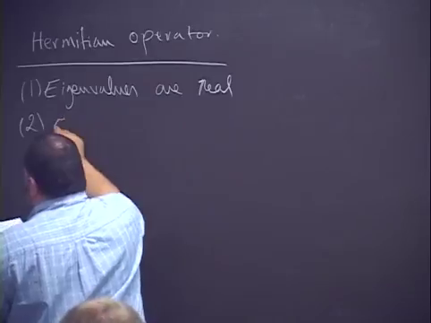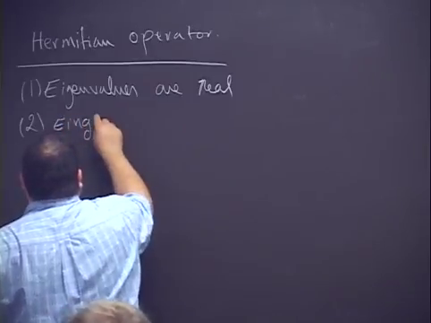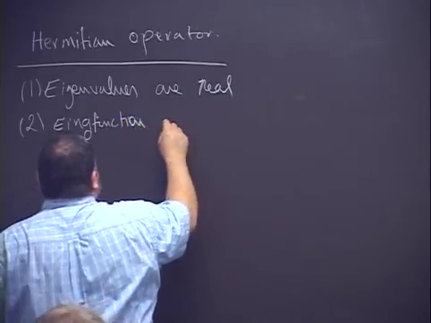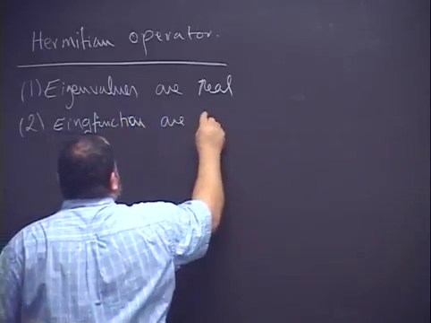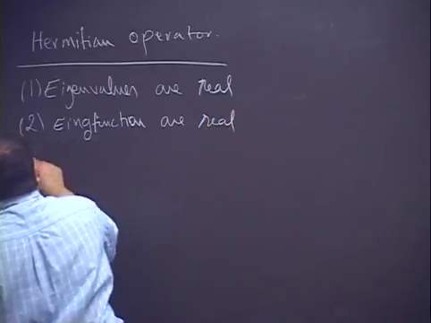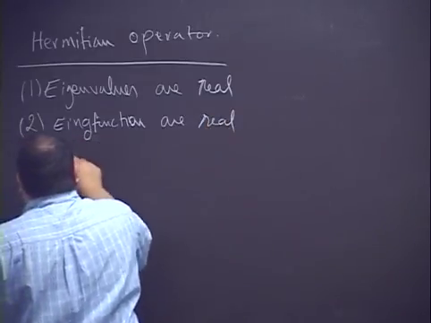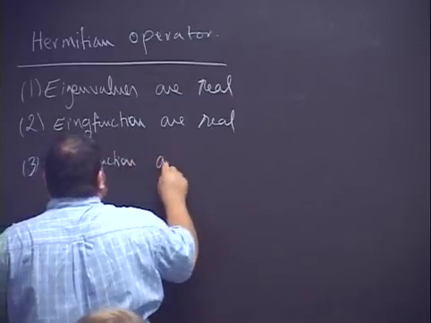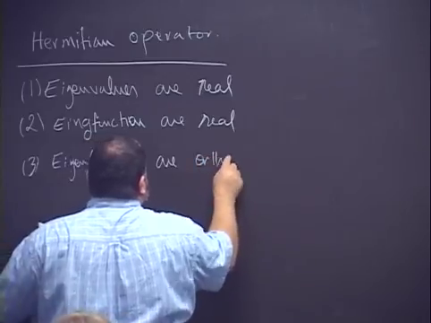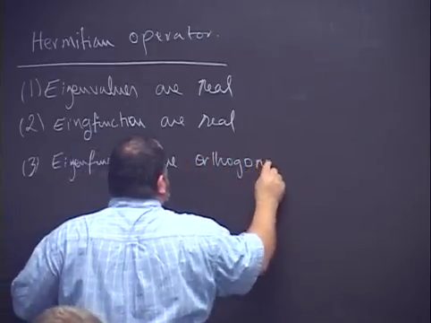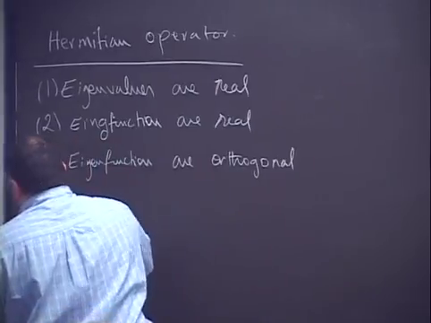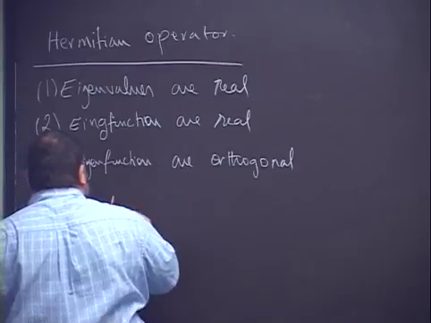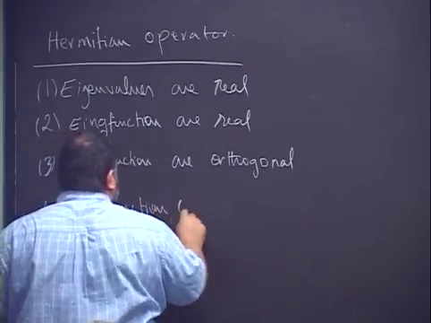The eigenfunctions also are real, like the eigenvectors for the Hermitian matrix. The eigenfunctions are orthogonal. And finally, the eigenfunctions are complete.